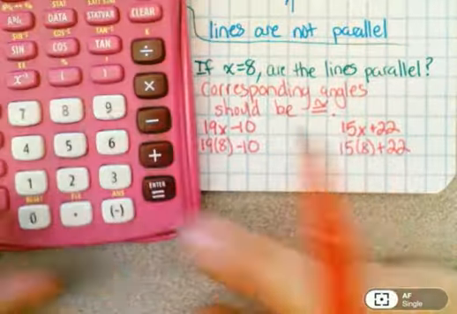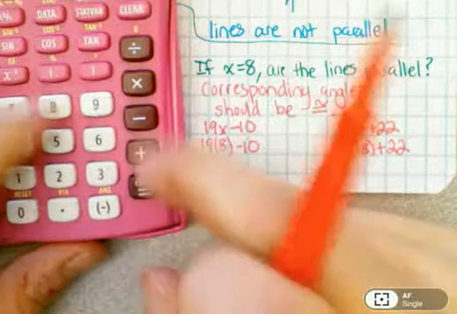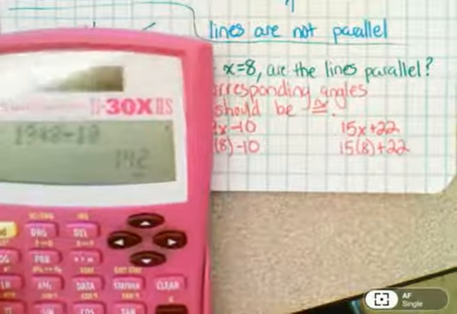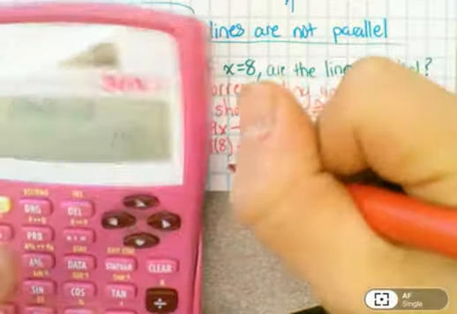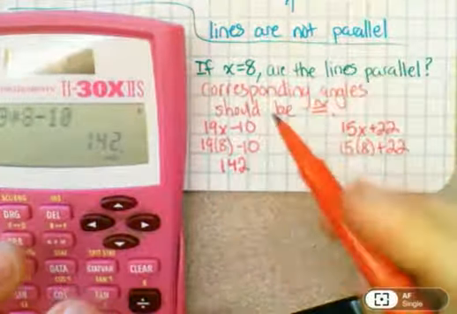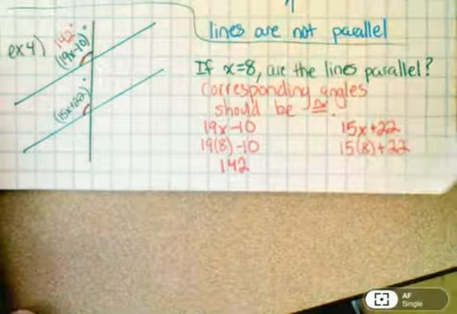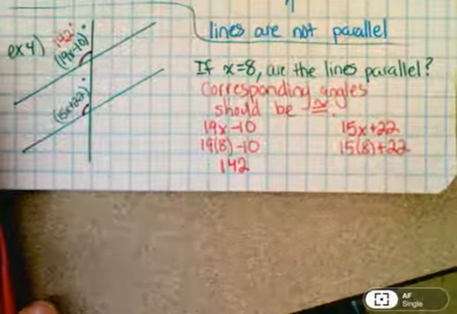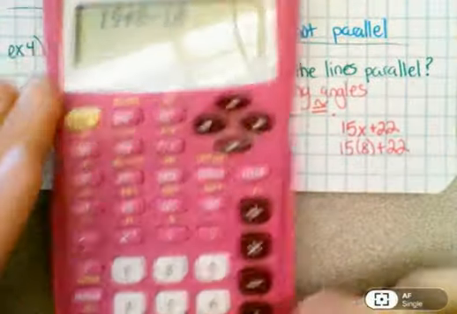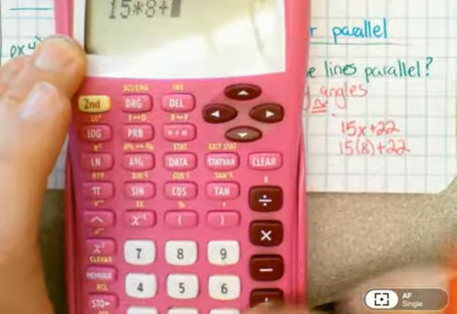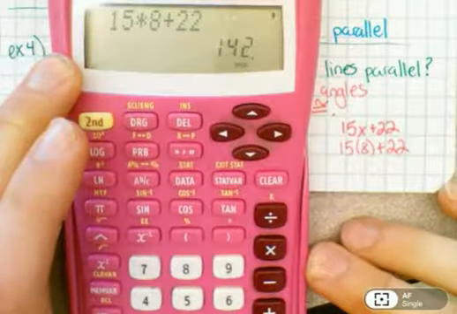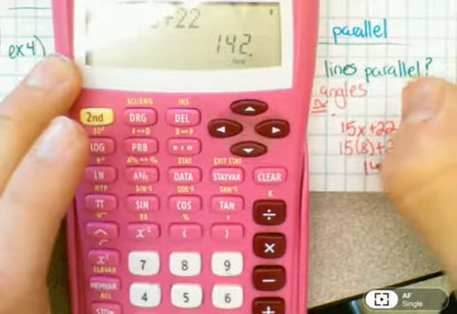Okay, so 19 times 8 minus 10 is 142. So when x is 8, this angle here is 142 degrees. And that only happens when x is 8. Over here, we have 15 times 8 plus 22, 142.